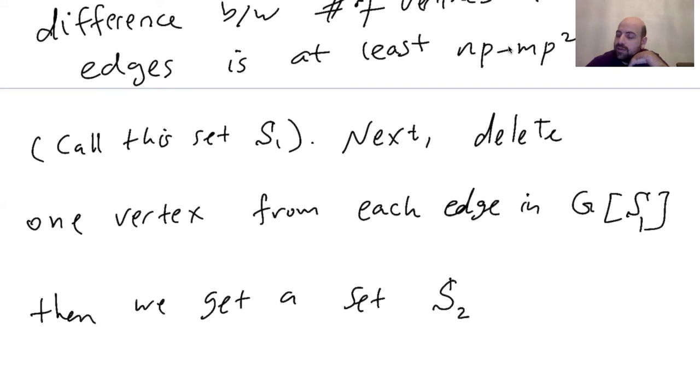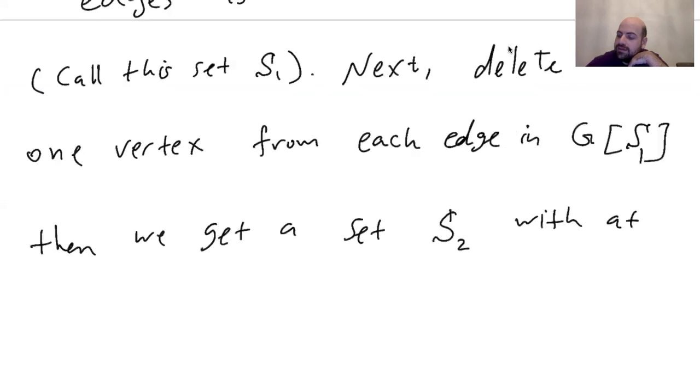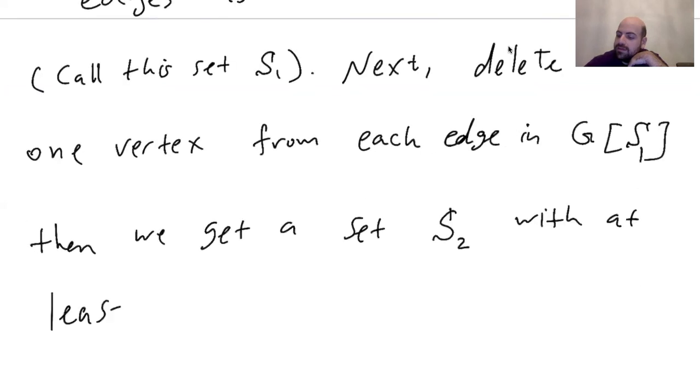at least how many vertices? Well, I'm deleting one vertex corresponding to each edge. And I know that the difference between vertices and edges is at least np minus np squared.